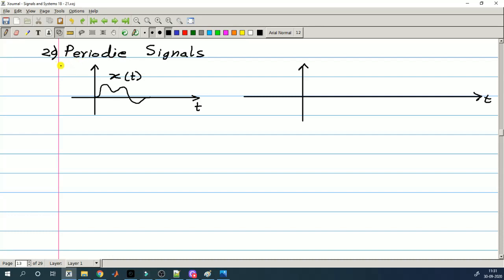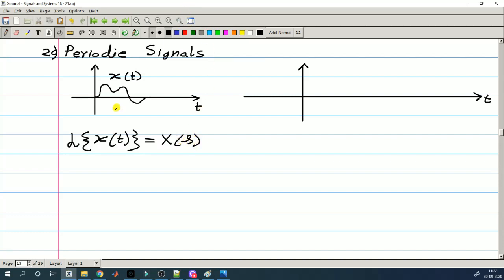here is our next property. Consider a signal x(t) which is not periodic, and suppose the Laplace transform of x(t) is capital X(s).